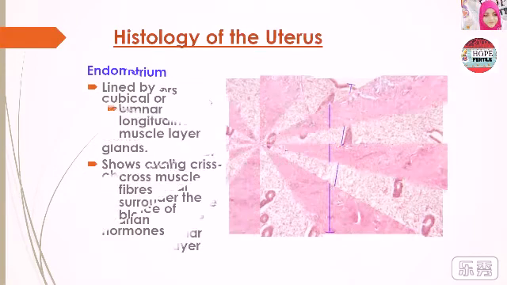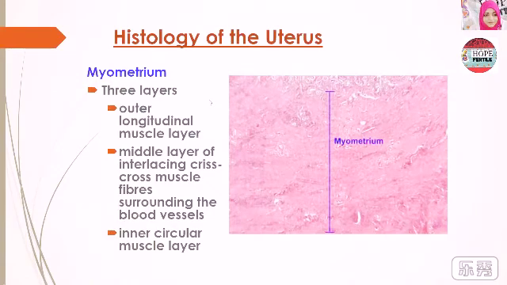Myometrium has an outer longitudinal muscle layer, a middle layer of interlacing crisscross muscle fibers surrounding the blood vessels, and an inner circular muscle layer.